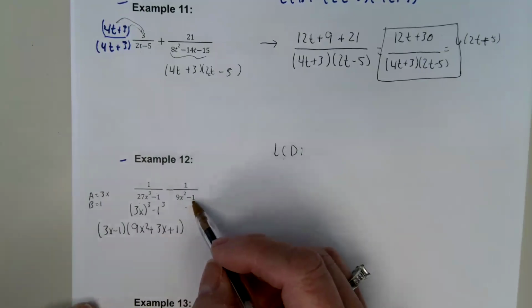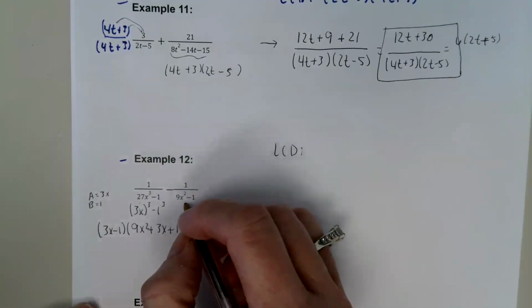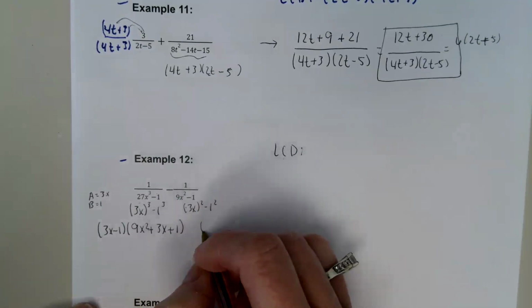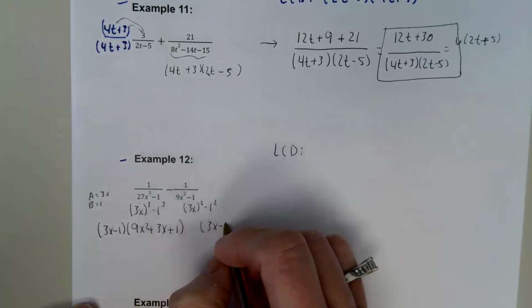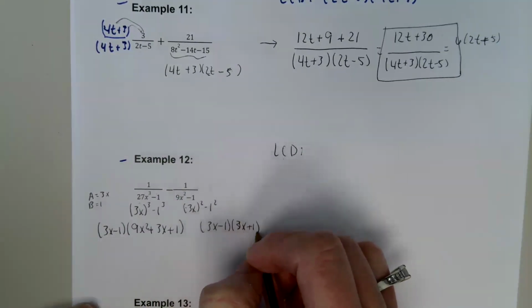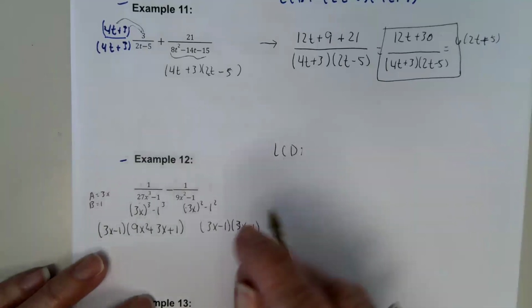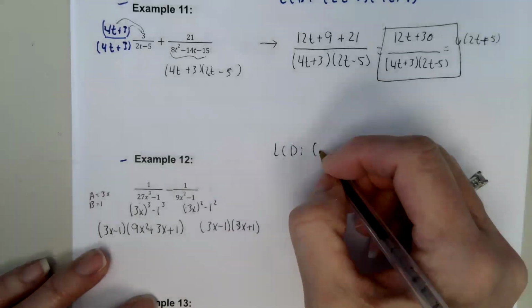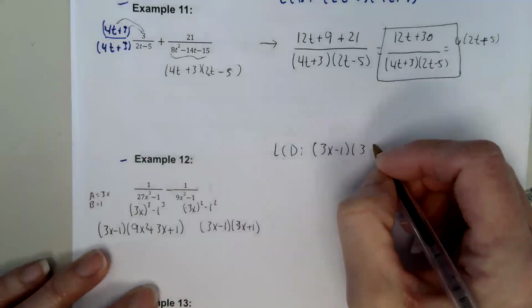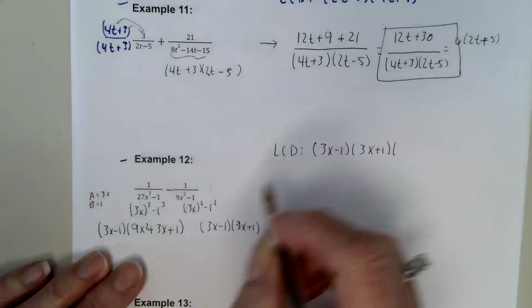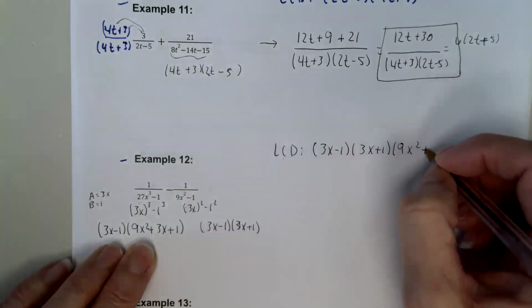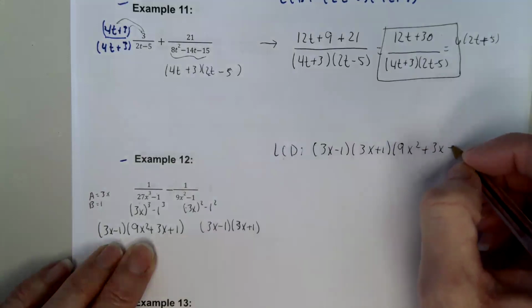And then 9x squared minus 1 is a difference of 2 squares, 3x squared minus 1 squared. So 3x minus 1 and 3x plus 1. So my LCD is the 3x minus 1, and then 3x plus 1, and then the 9x squared plus 3x plus 1.